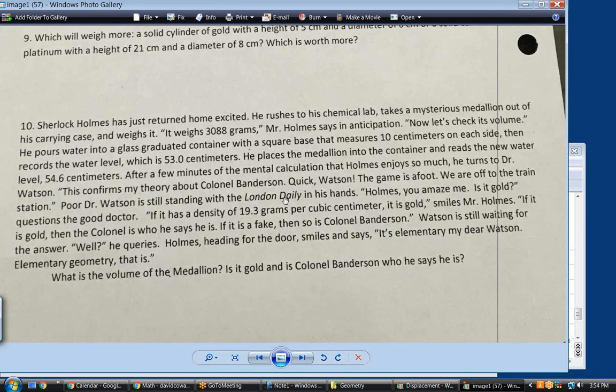All you would know is that whatever the material is, it had a density of 19.3 because it weighed this much. You see what I'm saying? Mm-hmm. What is the volume of the medallion? Is it gold?